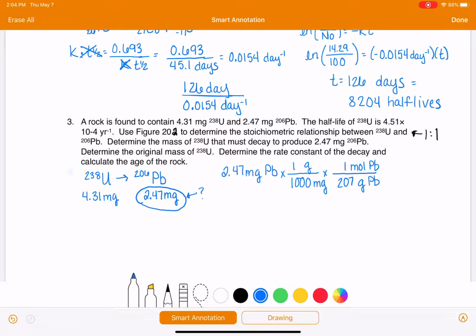So how are we doing? We've gotten rid of the milligram unit. We got rid of the gram unit. We know that the uranium and lead are 1-to-1. So now we're into the units of moles of uranium. And now we're ready to convert out of moles of uranium, so I've got to carry my math down here, into grams of uranium. Looking at the periodic table again, uranium is 238.